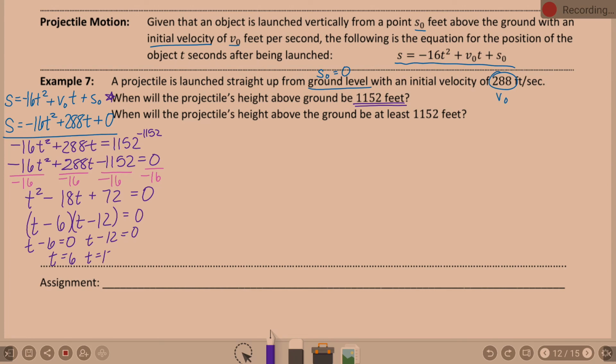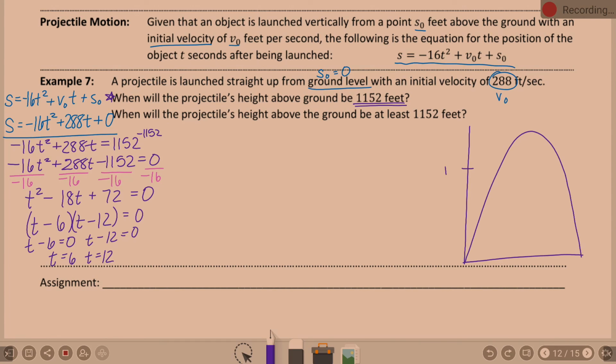is it possible there's two answers? You have to plug it in. Oh, right. Okay, so think parabola here. It starts at 0, it goes up, it comes back down. What is this saying here? Where is our 1,152? Between 6 and 12.